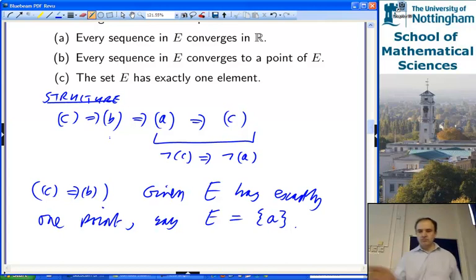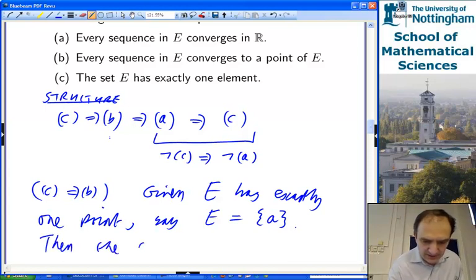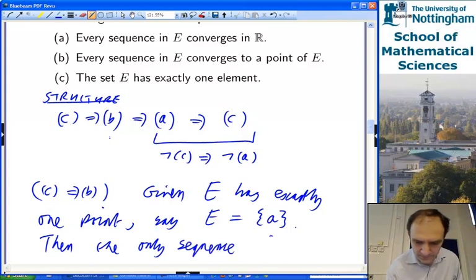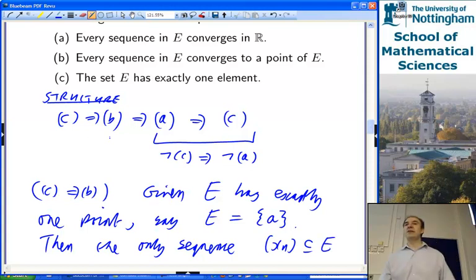So now what happens? Well, there's only one sequence available in E. The only sequence in E is the constant sequence all of whose terms are A. There's only 1 point.